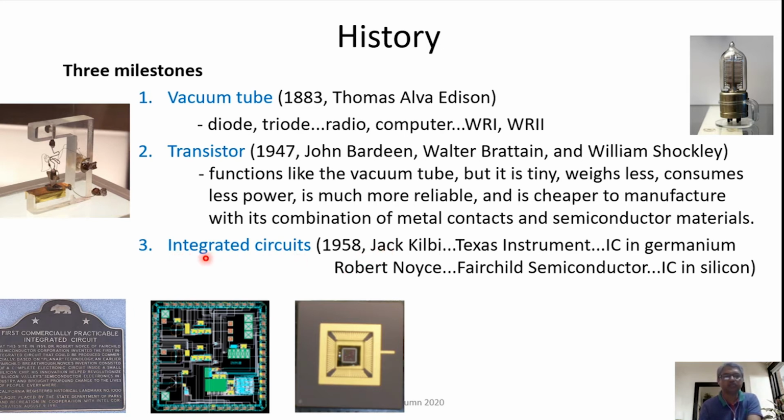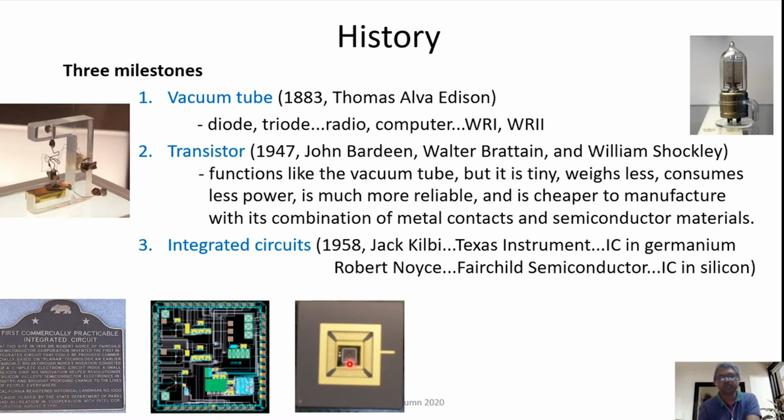And as I mentioned to you before, an integrated circuit or IC is basically where we use millions of transistors on a single silicon die. For example, this is a layout of an electronic circuit, and this is fabricated from a commercial foundry on a single piece of silicon that you see on the right hand side.